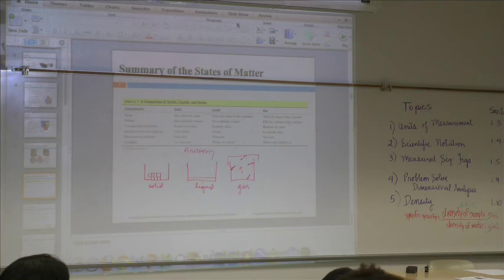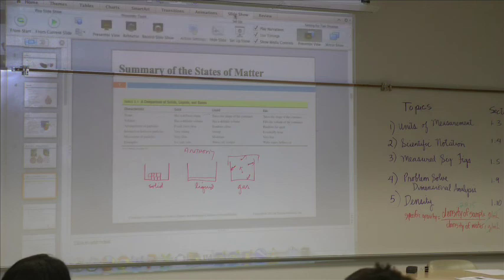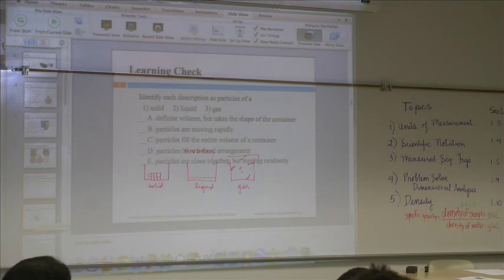Okay, where's the view in here? Okay, so learning chat, which has a definite volume but takes the shape of the container. Particles are moving rapidly.